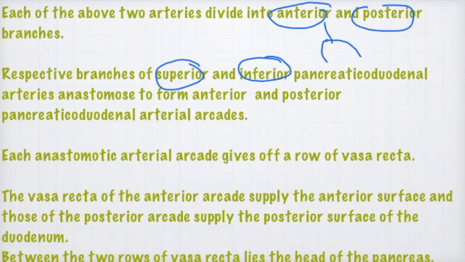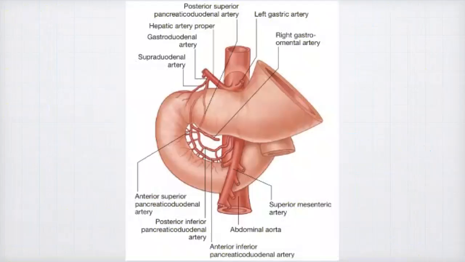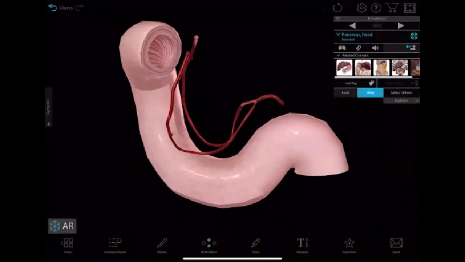This is very important, right? You can see this is the anterior one and this is the posterior one, forming the arcade and vasa recta. You can see that. This is the duodenum.